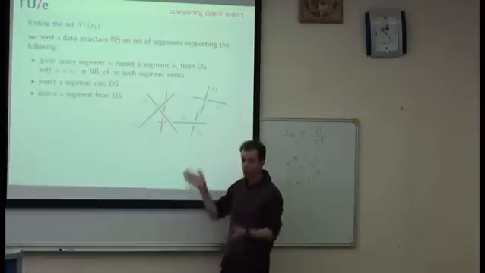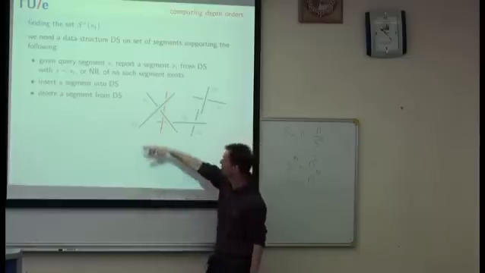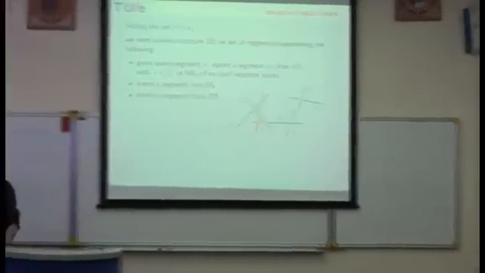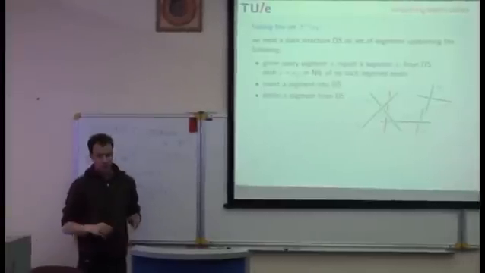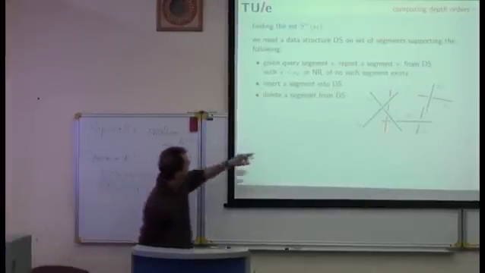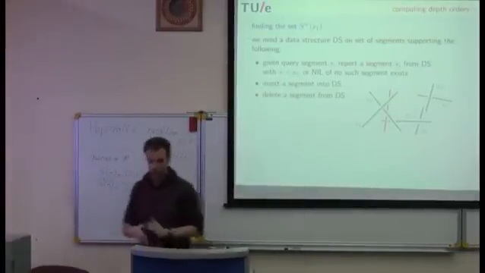It should be able to answer this query, and I want the data structure to be dynamic, so I want to be able to insert and remove segments. Actually, I will also need a second data structure where this is the other way around, but that will be clear.